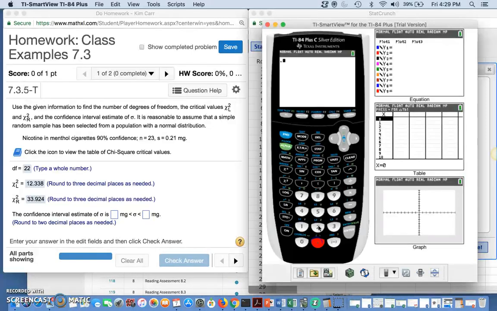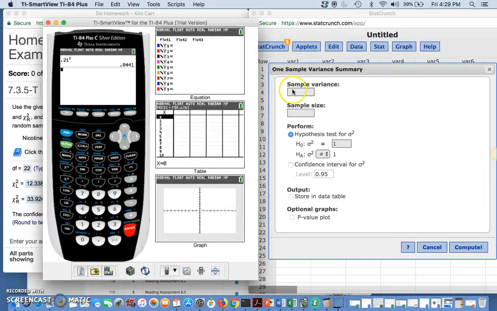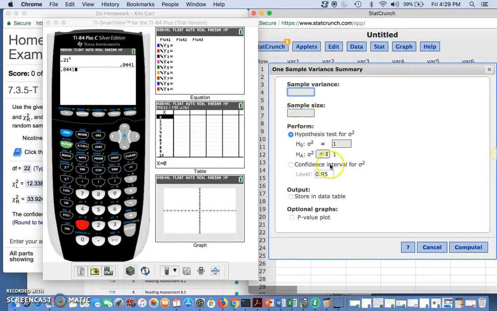So I'm going to have to go 0.21 and square it or multiply it by itself. And what do I get? So my sample variance then becomes 0.0441. But I need to put it over here. So 0.0441.